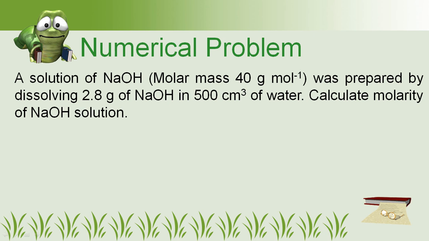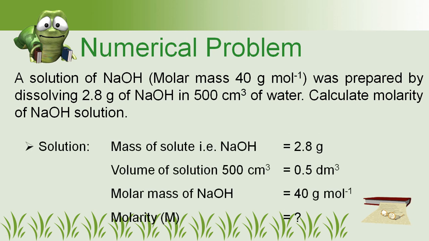Calculate the molarity of the NaOH solution. That means when we dissolve 2.8 gram of NaOH in 500 cm cube of water, we need to find the molarity of the solution.